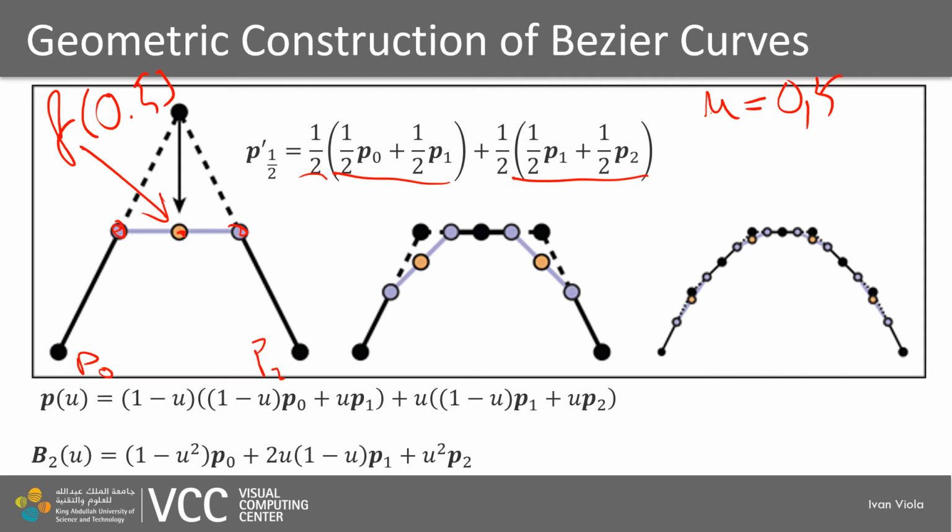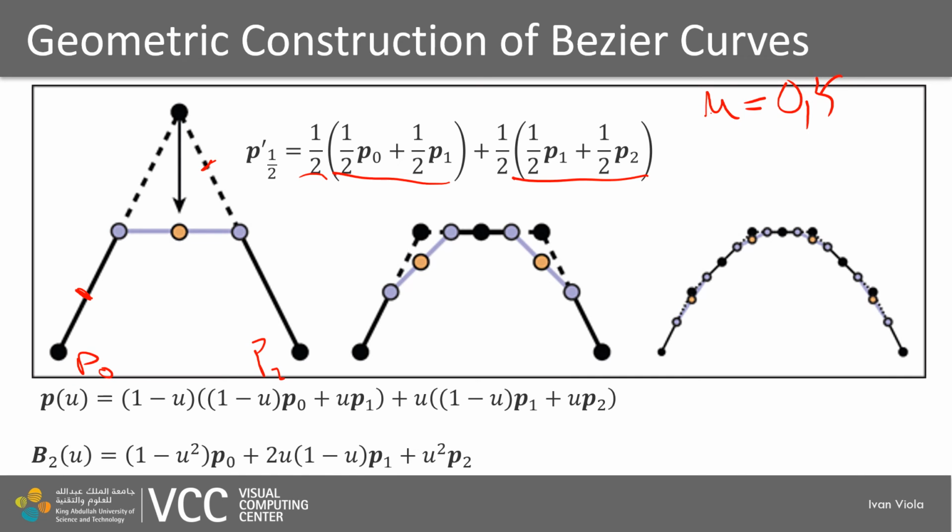Now, this doesn't only work for the midpoint. This works for an arbitrary fraction of our points. So we can have, for example, a point which will be, let's say, 0.25. So this will be this point. And we will connect this point 0.25 with another point 0.25 on our second segment.